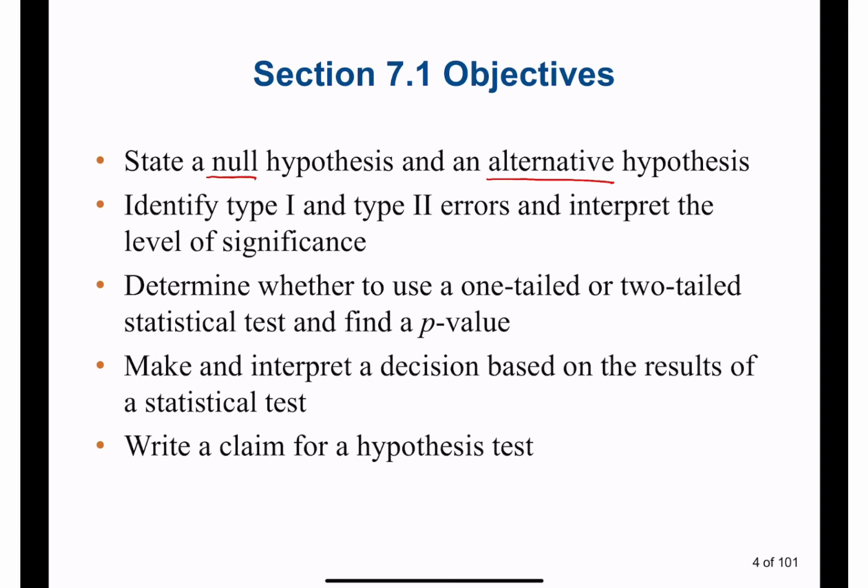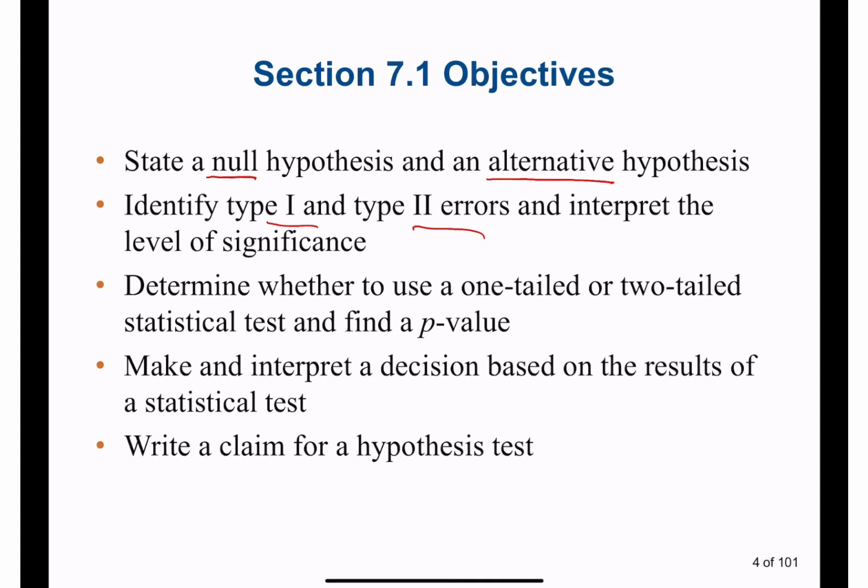There can also be a case where we are mistaken in our hypothesis test, and because it's statistics, we always leave space for error. That's where we are going to explore type 1 and type 2 errors and figure out the level of significance.